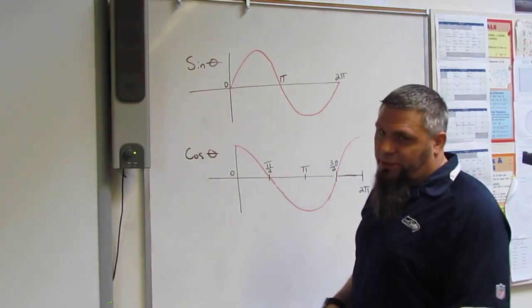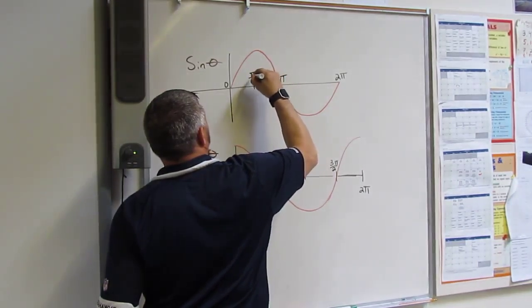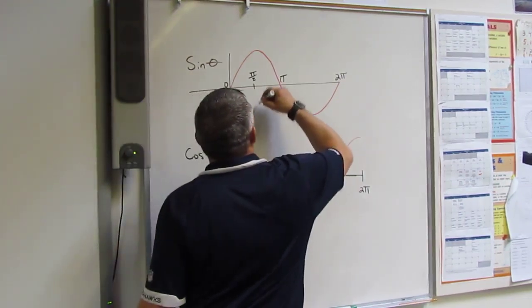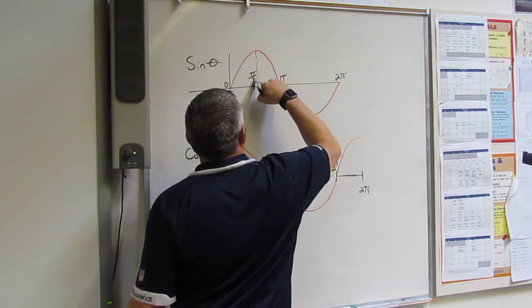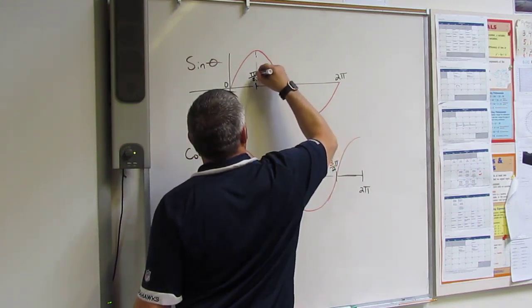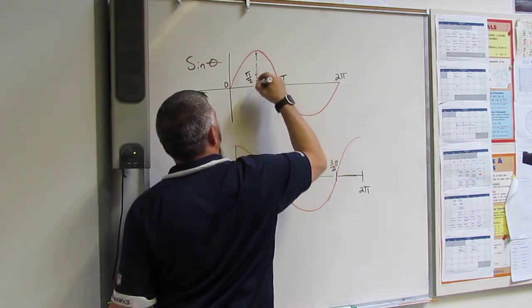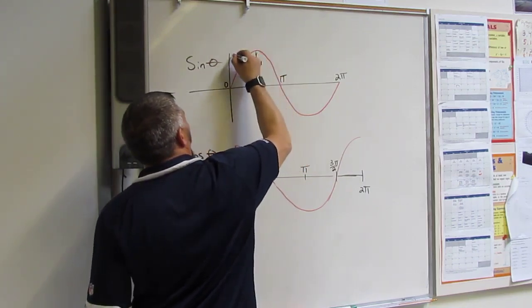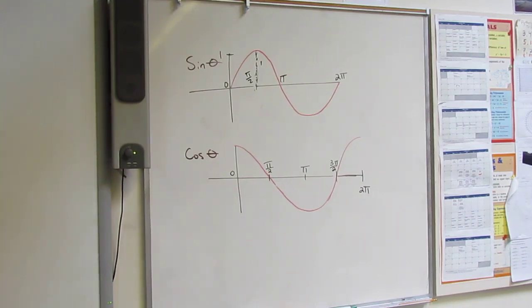But as we get to pi over 2, or halfway to pi, we find that the altitude, this is the altitude, at pi over 2 is equal to 1. Okay?